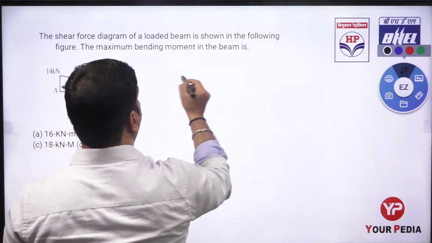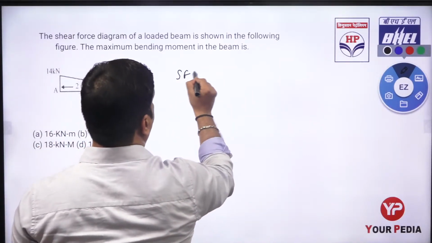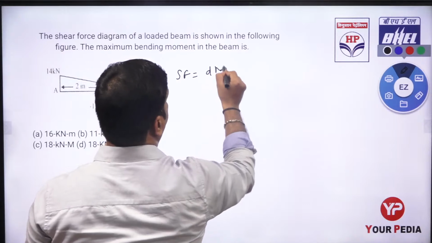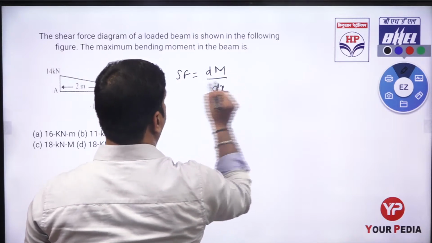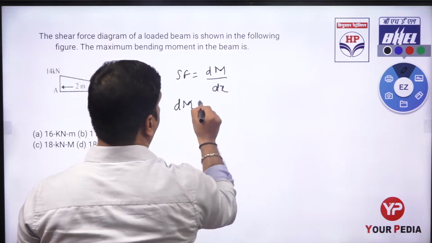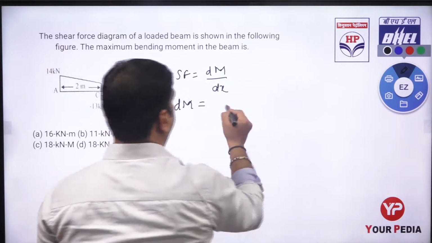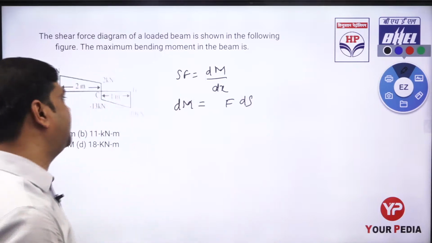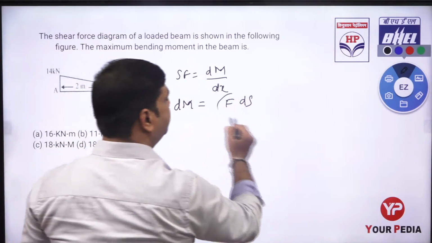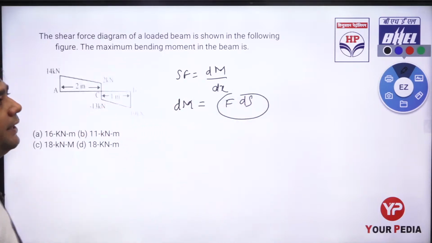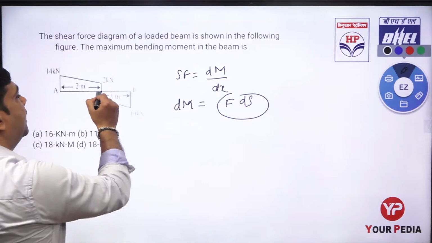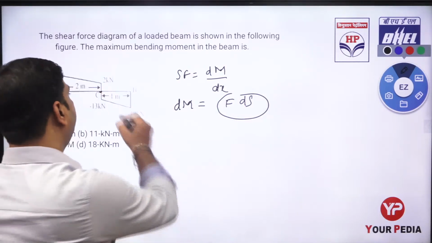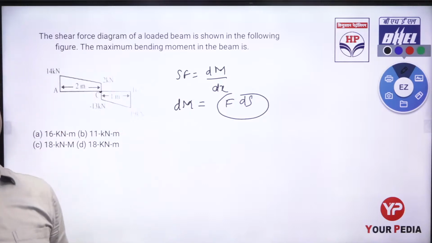As we know, shear force equals dM by dx. So dM equals F dx, and this F dx represents the area under the shear force diagram up to the point C, because it is the point where the bending moment is going to be maximum.